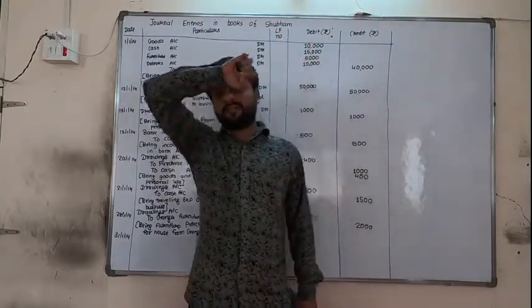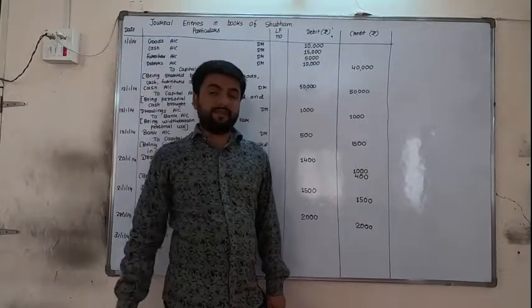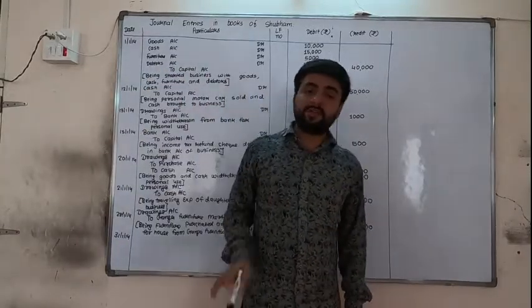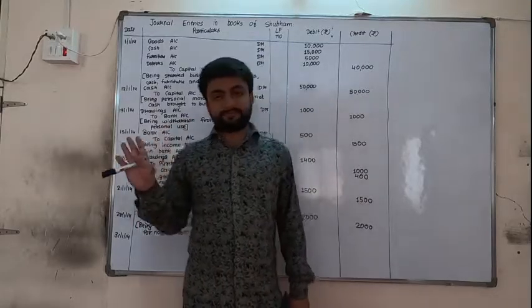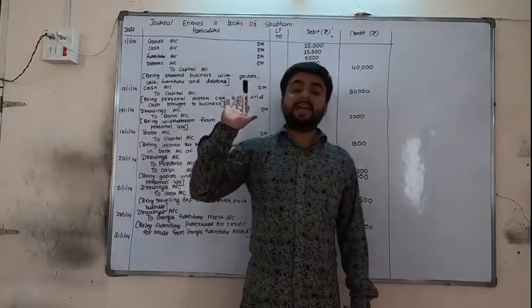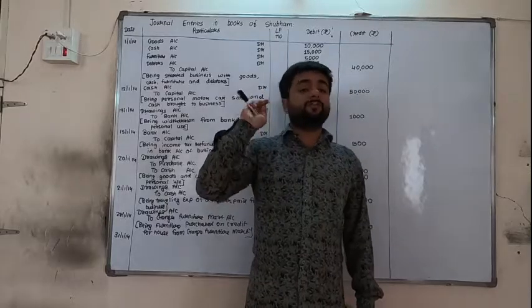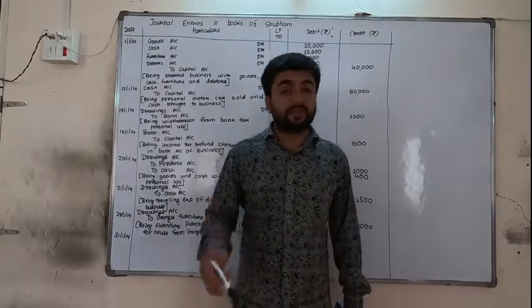So yesterday we wrote the entry drawings to cash. Now today life insurance premium is paid, but it is paid through check, so bank is the giver, not me. So bank is credited, and as this is life insurance premium, instead of writing life insurance, write drawings.